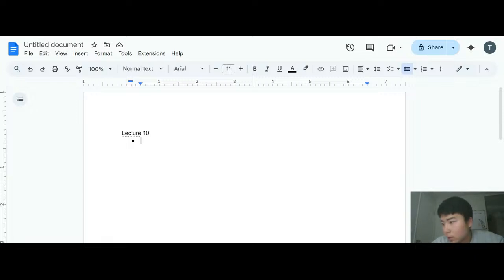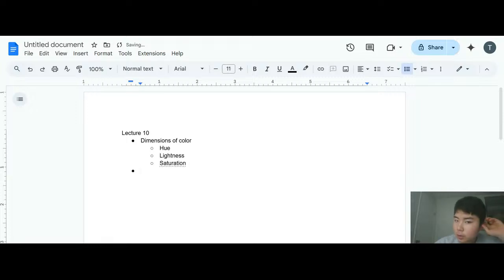Anyways, color has three dimensions: hue, lightness, and saturation.